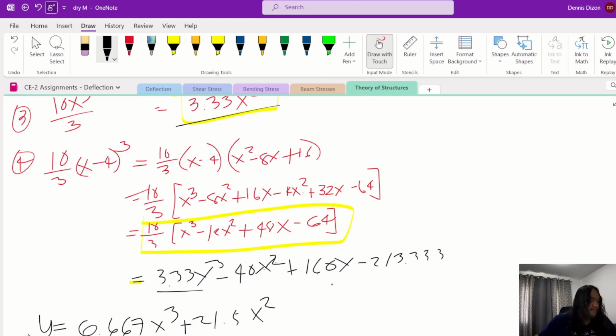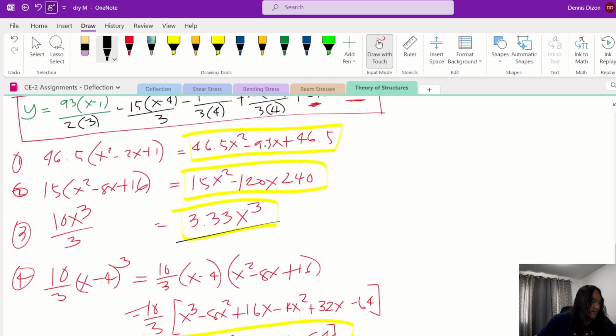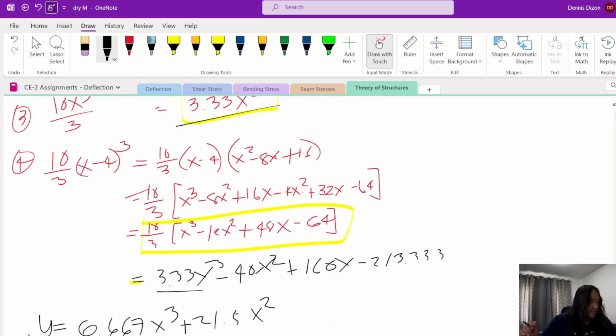And then for x, we have minus 93x, and then minus 120x for the second term, and then the fourth term is plus 160x. So this is minus 53x, and then minus 213.333.